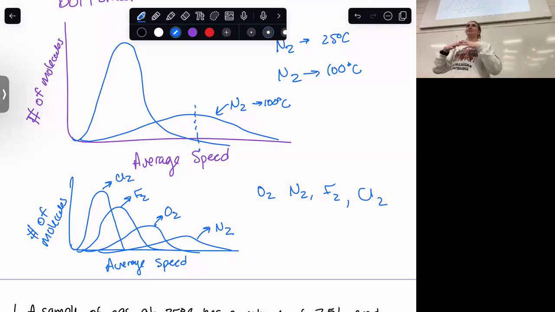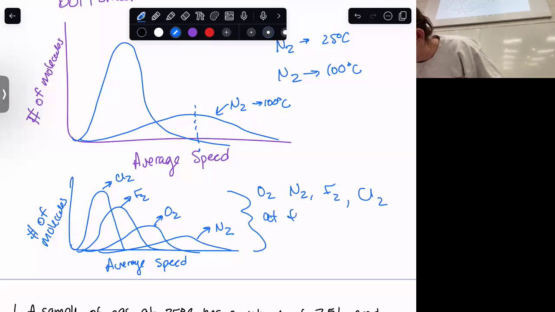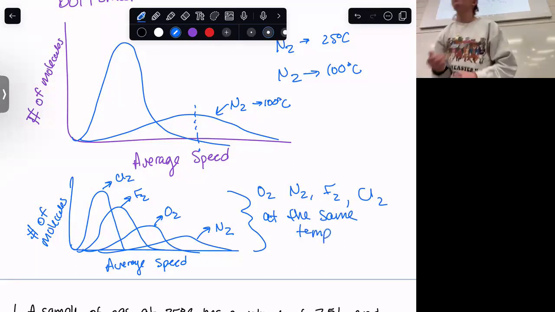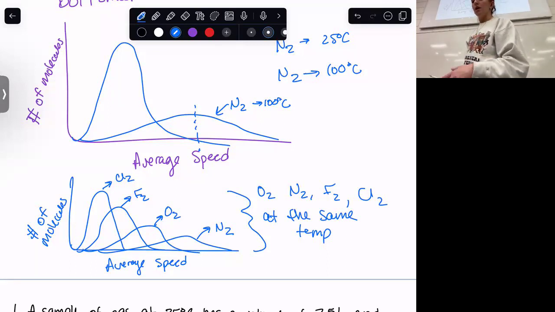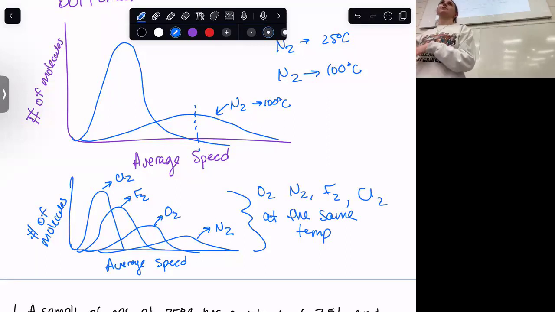Right, so the flatter your peak is, depending on the type of question, right? All of these in this case would be at the same temperature. So if you're comparing different gases at the same temperature, the flatter it is, the lighter the gas is. If you're comparing the same gas at different temperatures, the flatter it is, the higher the temperature for that one.